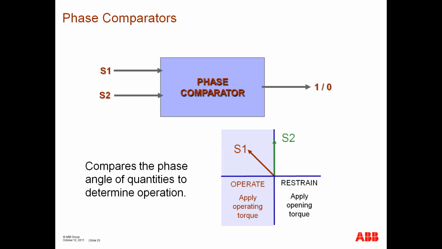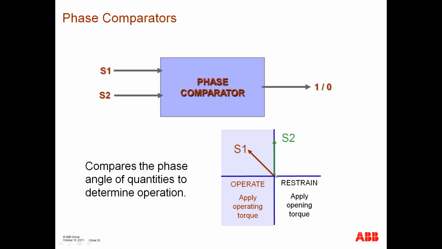Let's talk a little bit about phase comparators now. You have phase comparators and you have magnitude comparators, and phase comparators were first invented with the electromechanical relay back in the 1950s time frame, but it basically compares the phase angle relationship of two phasor quantities.